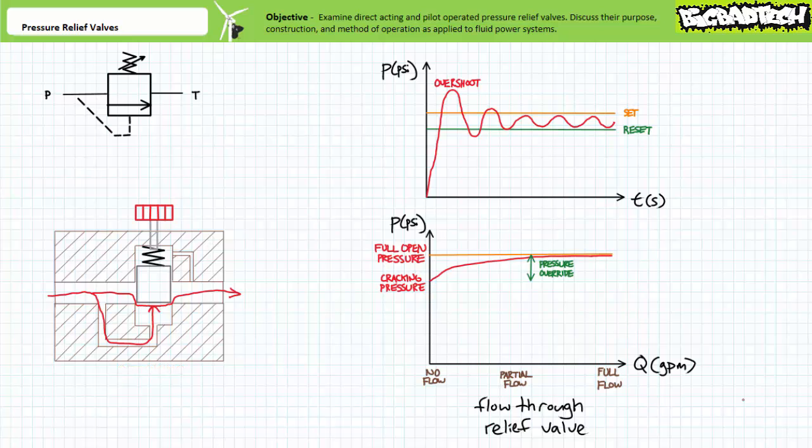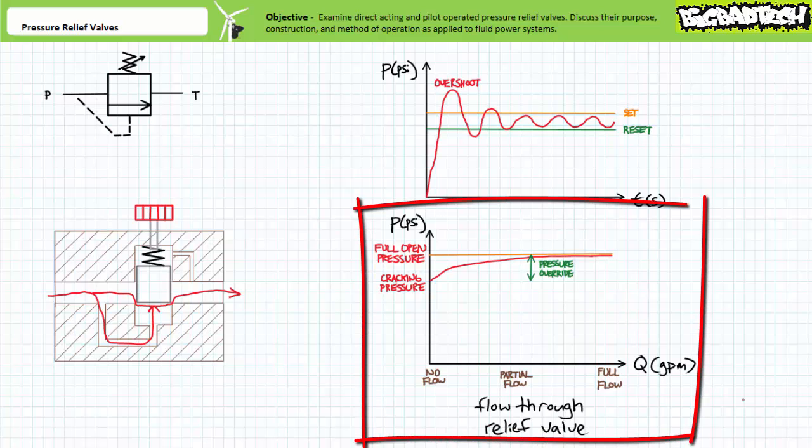Direct-acting pressure relief valves have a notoriously large difference between cracking pressures and full open pressures, upwards of 150 psi. Pilot-operated pressure relief valves, as we'll soon learn, not so much. In this case, the direct-acting pressure relief valve does fully open at 800 psi. However, operating at regions between 700 and 800 psi means a decreasing portion of flow is available to the system actuators, since an increasing portion is being dumped to the reservoir, as this graph shows.